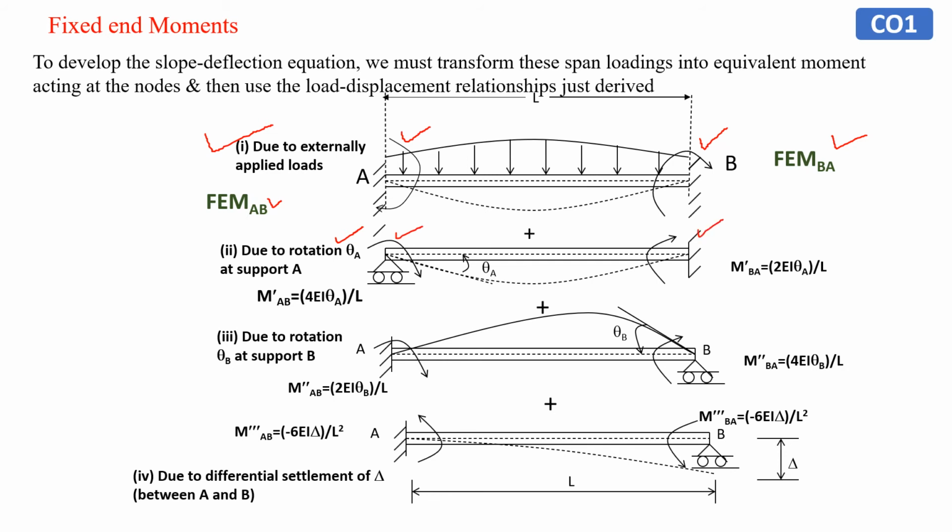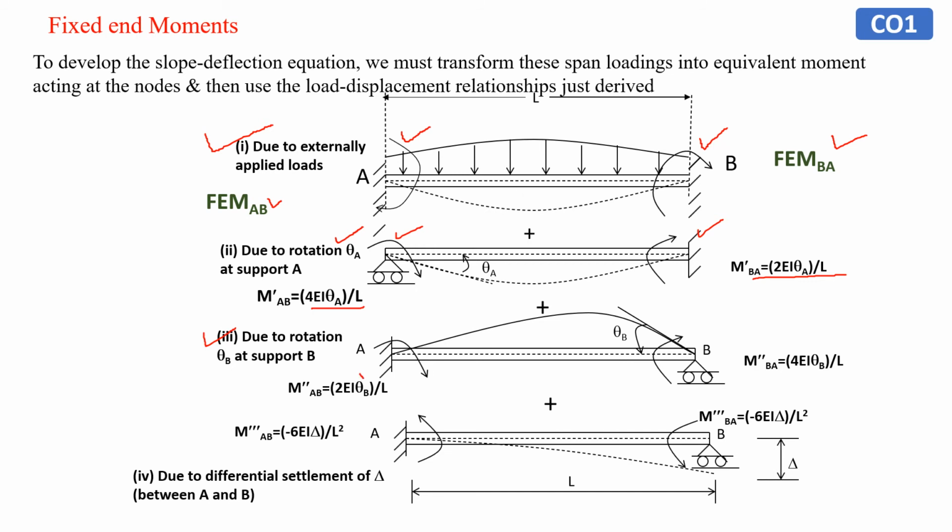So for theta A, it will be 4EI by L theta A at A, and for B to A it is 2EI by L theta A. Again, second condition: if theta B is a unit positive rotation at B, then what will be the contribution in moment?